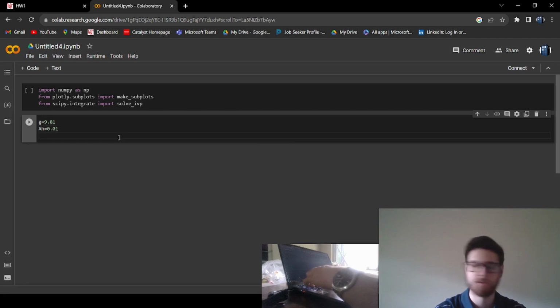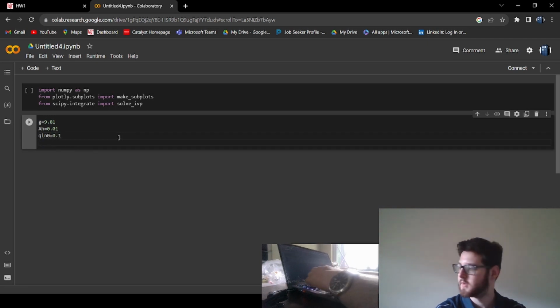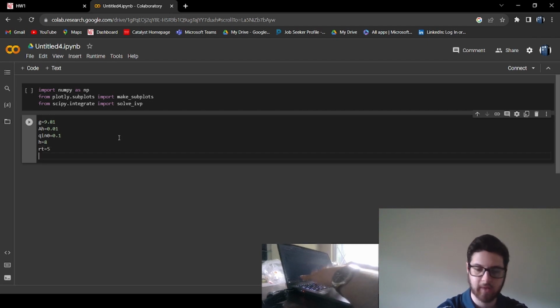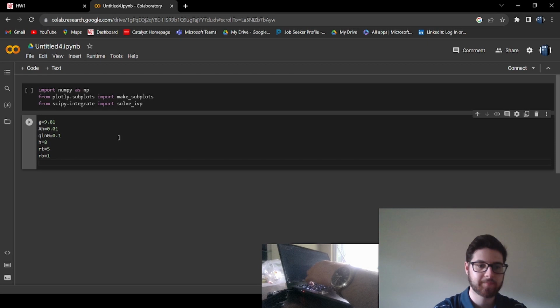We've got Qn, or at least the initial Qn, equal to 0.1. The total height of 8 meters, the radius at the top is equal to 5, radius at the bottom is equal to 1, and the simulation is going to run for 5,000, I think that's seconds.